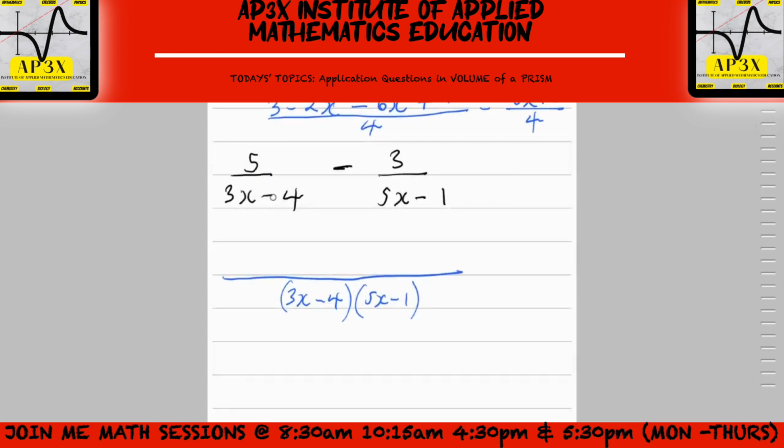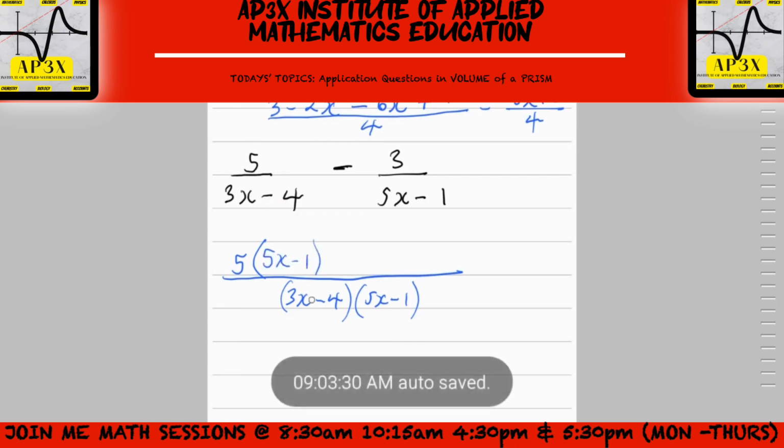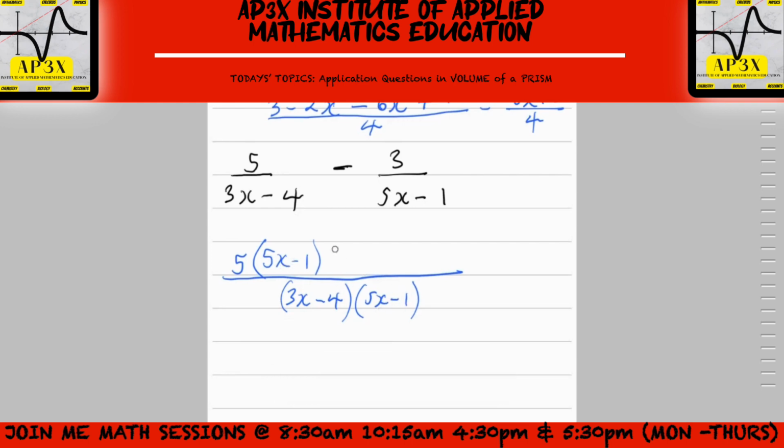So 3x minus 4 cancels the 3x minus 4, leaving us with the 5x minus 1. But remember that there's a numerical value at the top, so this comes down here. That's 5. Open the bracket, and we write what is left. Then 3x minus 4 cancels 3x minus 4, leaving us with 5x minus 1 here.